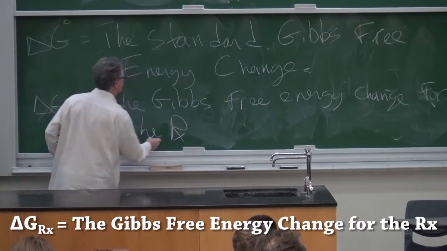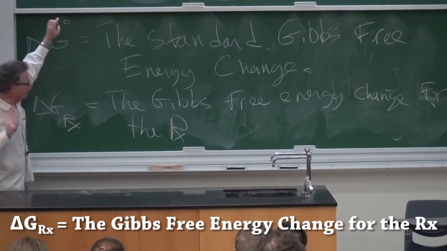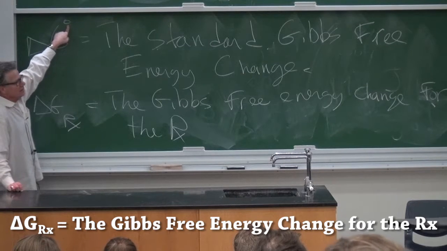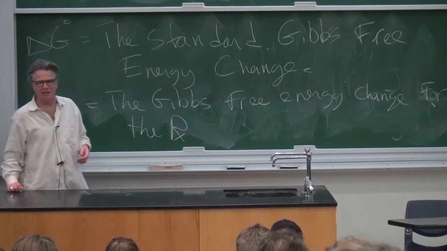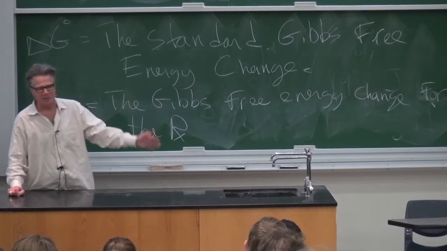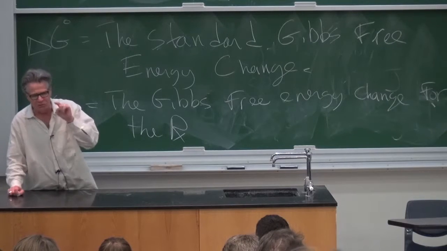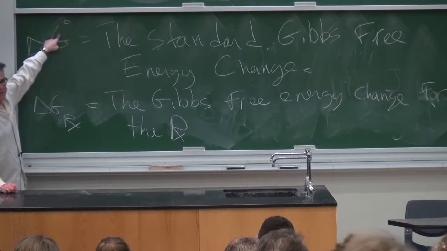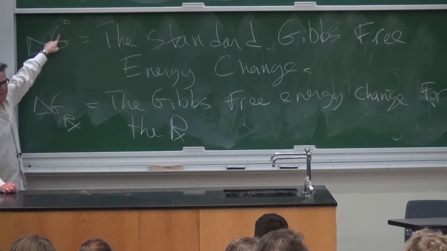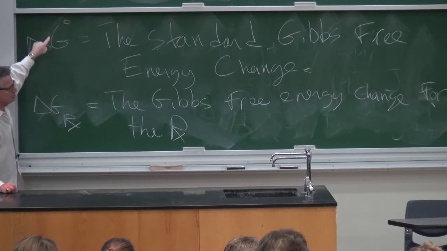Now, what do I mean by these two different things? Little naught means standard state. We'll talk about that next. Without the naught, it doesn't have to be the standard state, doesn't have to be the standard state pressure, doesn't have to be the standard state temperature, could be any experimental conditions that you decide. If it's got the naught, that means standard state, that means standard temperature, standard pressure, standard everything. So that's the difference between these two terms.